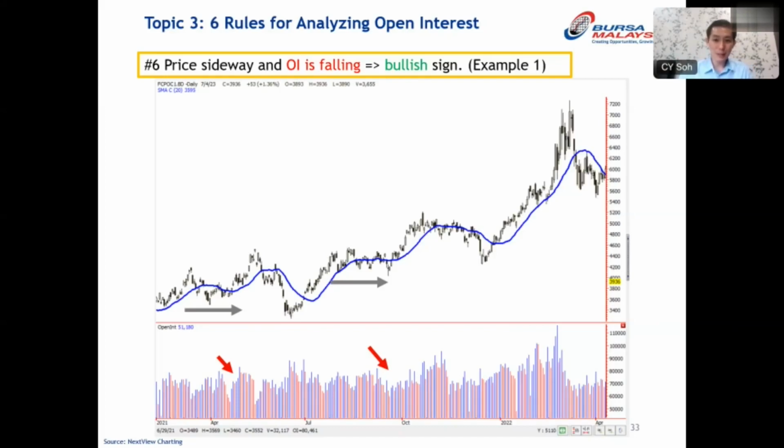Will the price go up or come down? Remember, smart money are usually those who are actually in the physical business, whether commercials or producers in the market. So back to fundamentals, when demand comes in, price would generally go up, right? So you can see when during sideways the open interest comes down, it means that the short positions would be reducing. Of course after that, when price goes up with an increase in open interest, it confirms that it's the beginning of an uptrend.